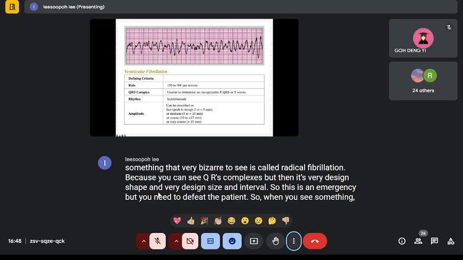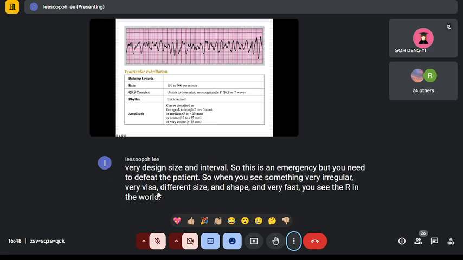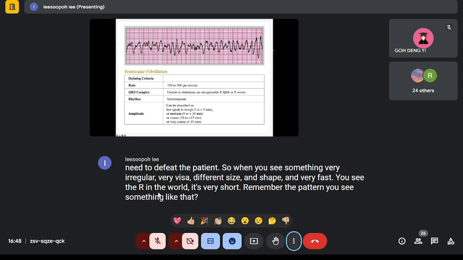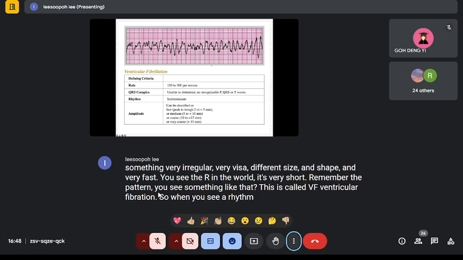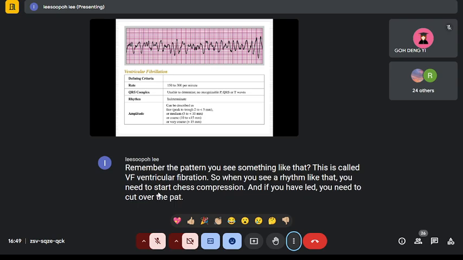When you see something very irregular, very bizarre, different size and shape, and very fast, with a very short RR interval, remember the pattern. This is called VF, ventricular fibrillation. When you see a rhythm like that, you need to start chest compression, and if you have an AED, you need to cardiovert the patient.